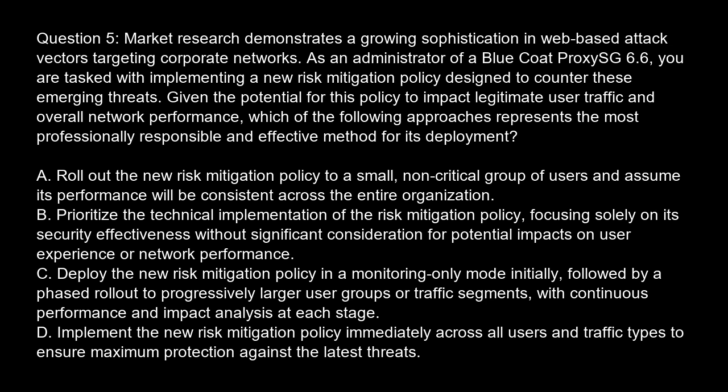Option C. Deploy the new risk mitigation policy in a monitoring-only mode initially, followed by a phased rollout to progressively larger user groups or traffic segments, with continuous performance and impact analysis at each stage. Option D. Implement the new risk mitigation policy immediately across all users and traffic types to ensure maximum protection against the latest threats.